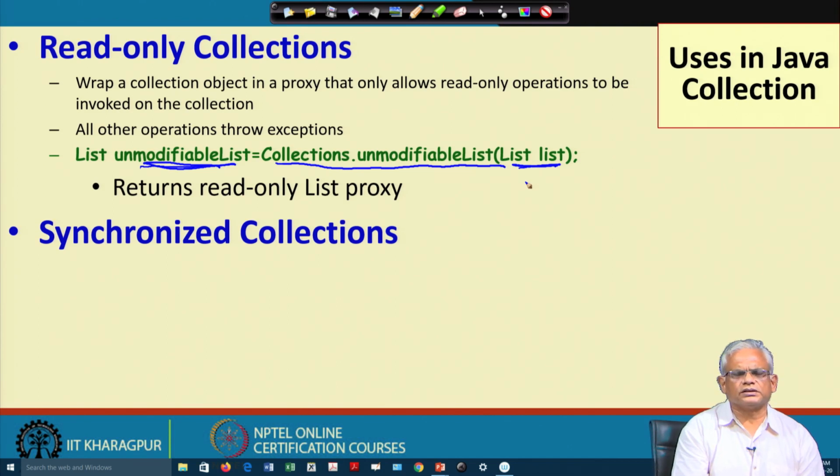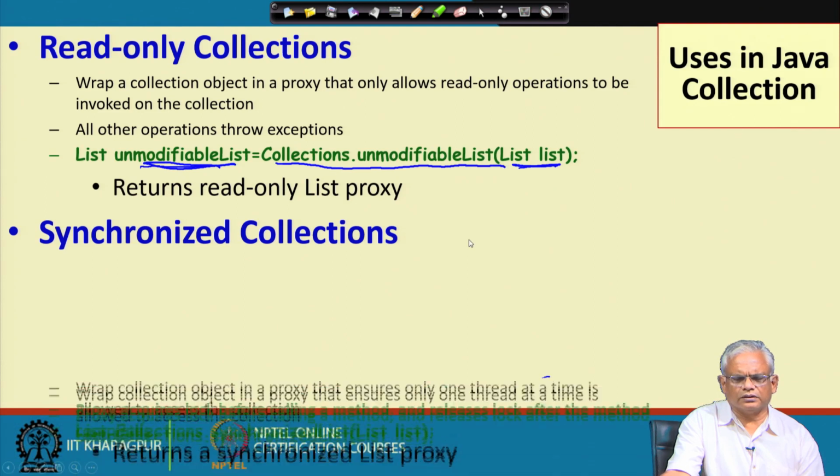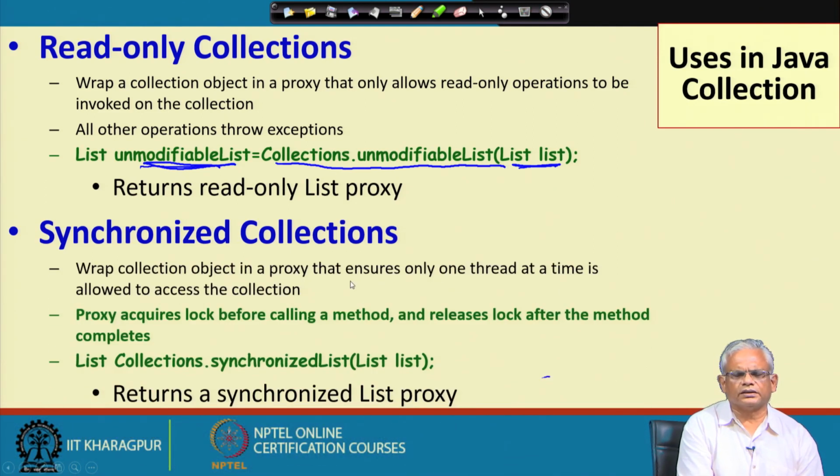The synchronized collections also use a proxy. The synchronized collection is a proxy. Here again, when many objects try to access an object, the proxy synchronizes the access. It acquires a lock before calling the method, and if the lock is not available, it does not make the call.